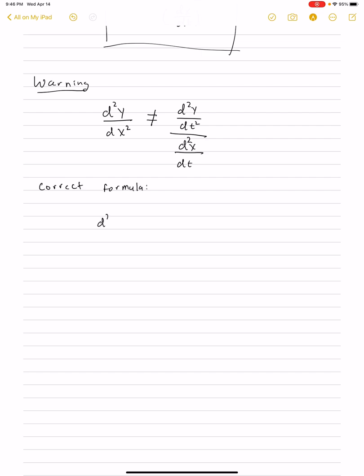Our correct formula is going to be this: the second derivative of y with respect to x is the first derivative with respect to t of dy/dx, divided by dx/dt. Well, let's verify this.